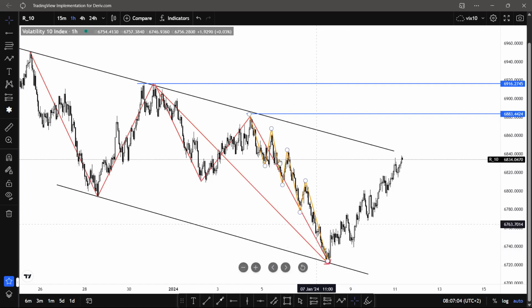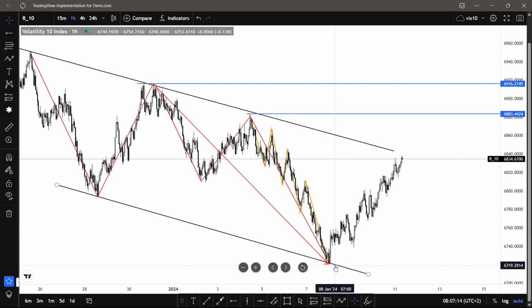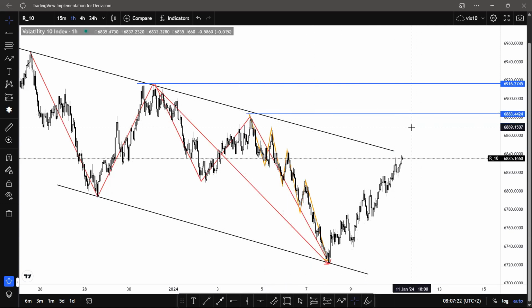Then the next step here is to also highlight this lower low, because if we break below this lower low, it means that we're going to continue with this bearish market structure. So this lower low here is also important. And the case for this one is that as long as the market doesn't break above this one or this one, the structure is going to remain bearish.